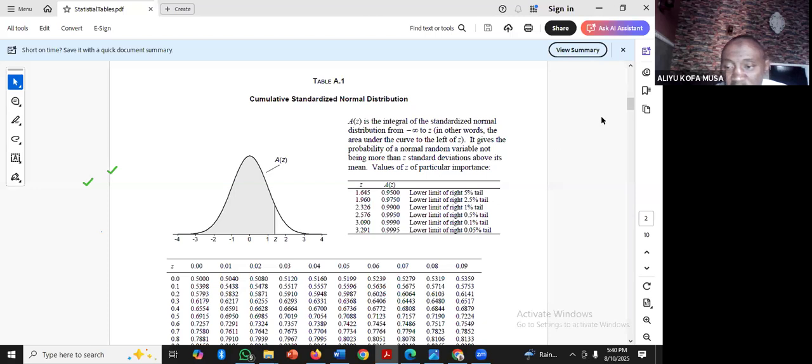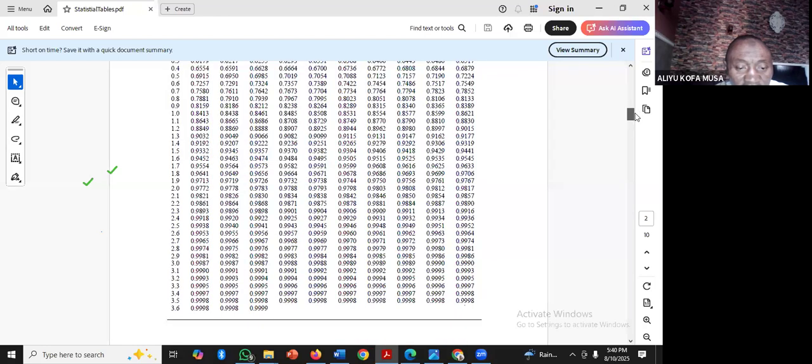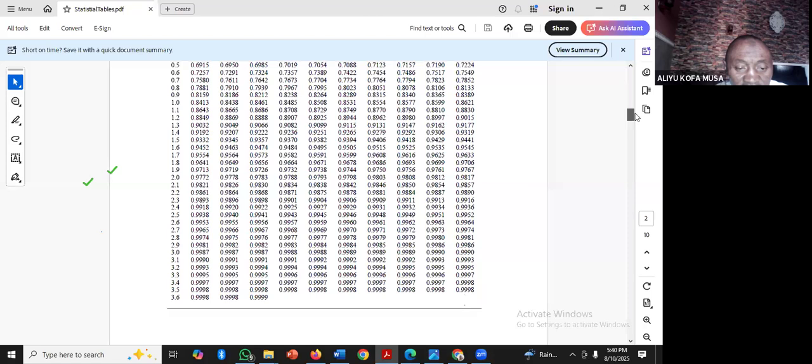Or if you want to go to the table, look at the table entirely. You calculated 0.995. That's what you calculated.